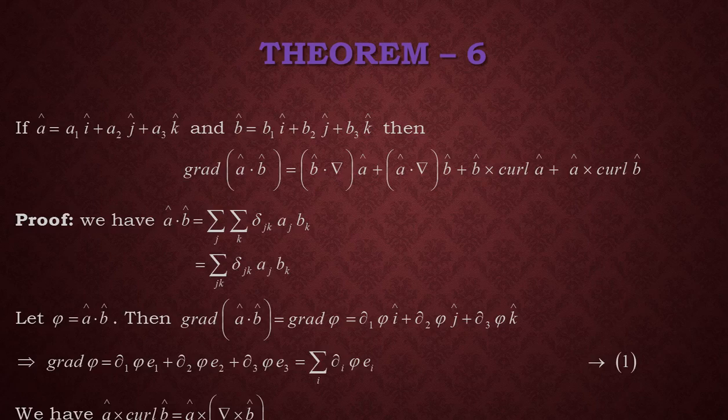Let us put phi equals A cap dot B cap. So phi becomes phi equals summation sigma over jk delta suffix jk a_j b_k.